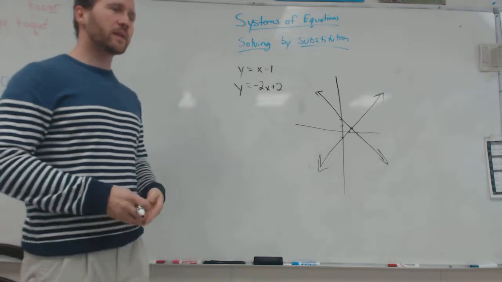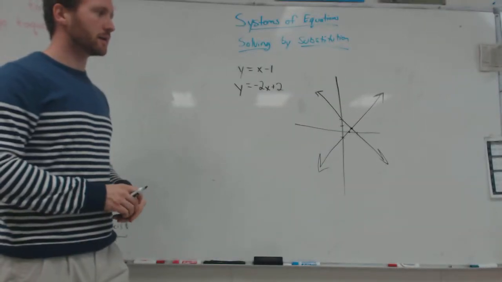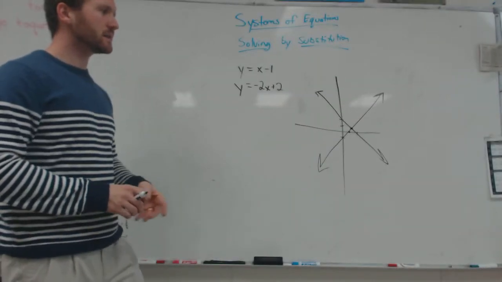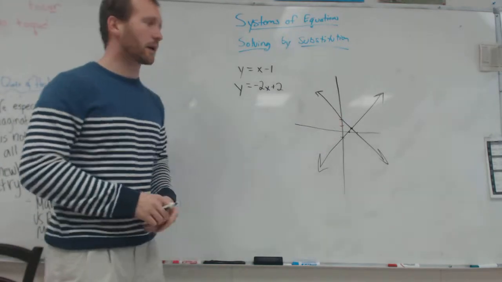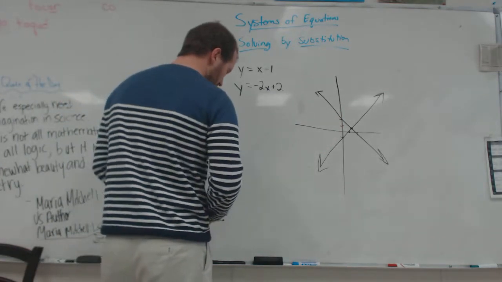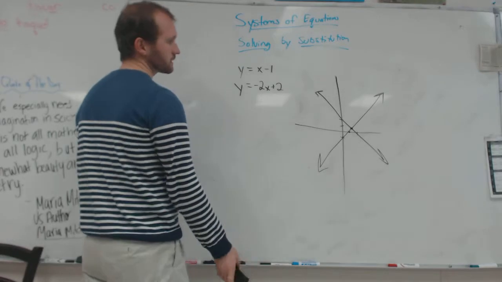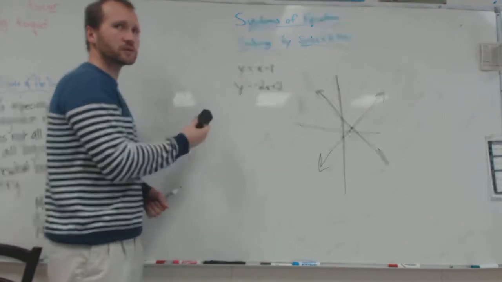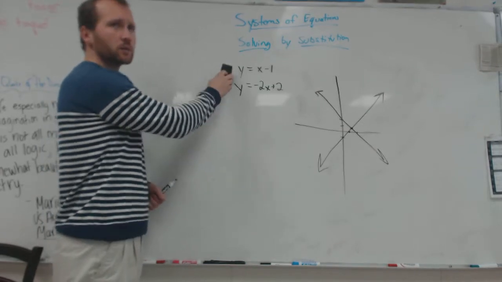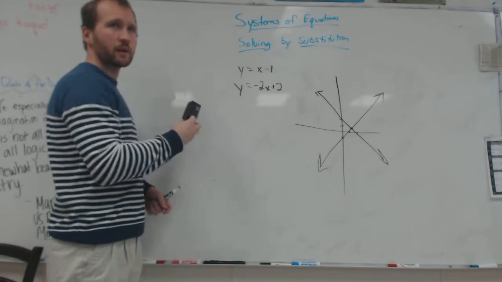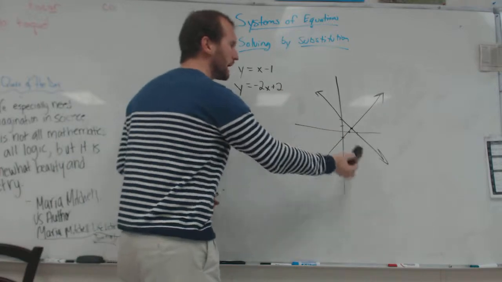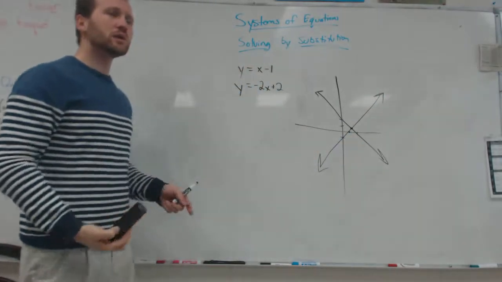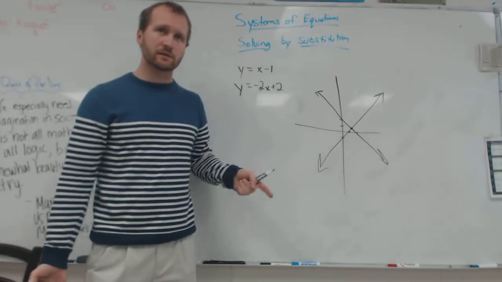But that's not what we're going to do today, because this can be really hard and it doesn't always work out very well. So today what we're going to do is called substitution. What I want you to remember is that a system of equations is more than one equation with more than one variable. It represents two lines on a graph, and we're looking for the point where those two lines intersect.